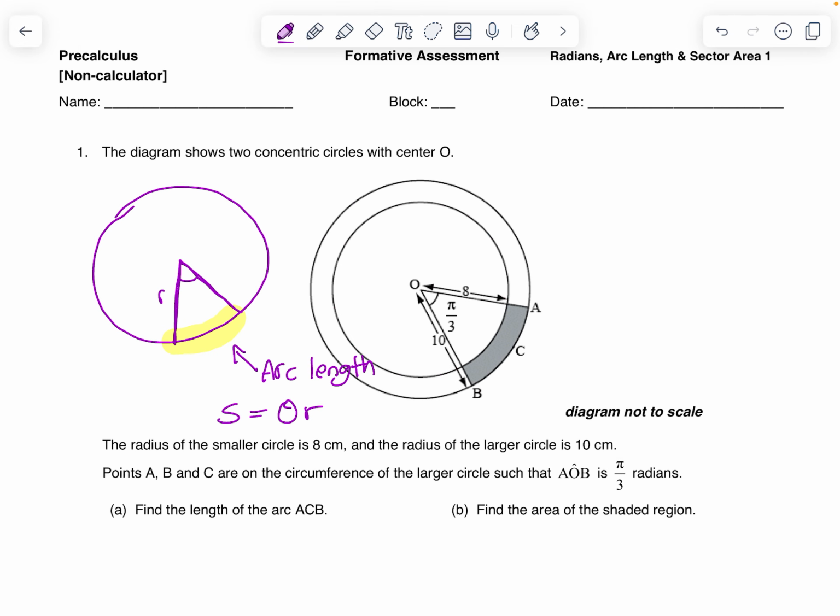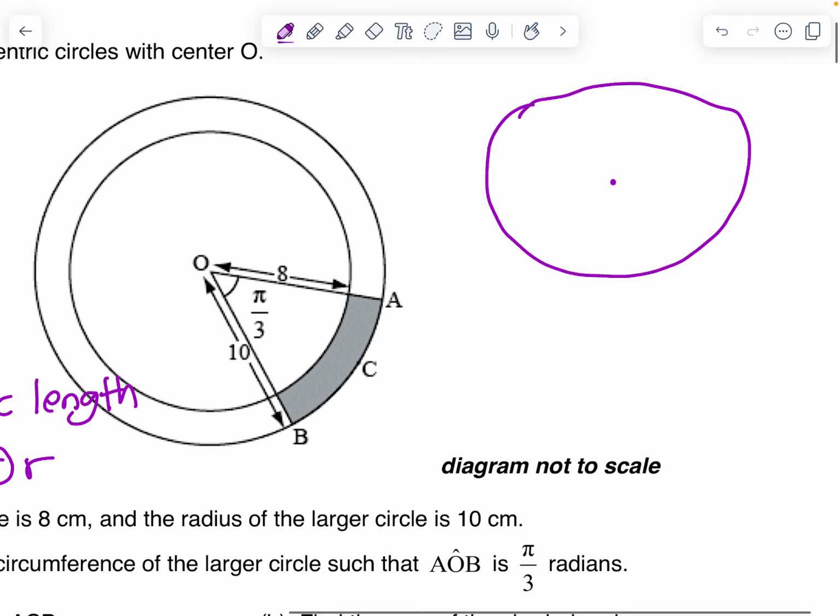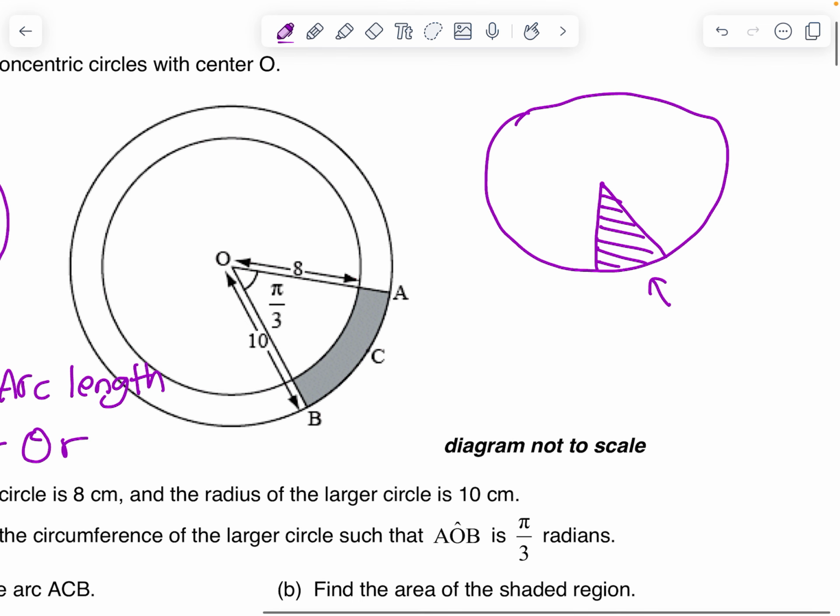So for the sector area now, we have our circle, and in our circle again we have our two lines, and this time instead of finding the arc, we want to find the shaded region. So we want to find this shaded region that looks kind of like a triangle, and that is what you call a sector area of the circle.